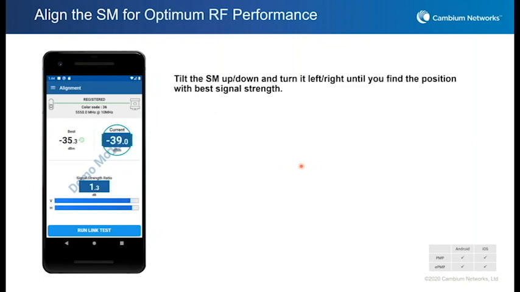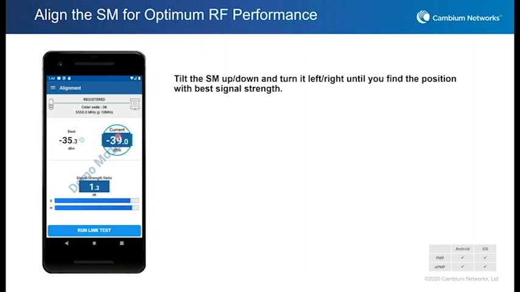So next step, once you connect to an AP, is to align the SM. This screen allows you to align the SM. As you are turning the SM, the screen shows you what you need to see. You can just look at the RSSI values, the best RSSI and the current RSSI. As you turn the SM left and right or up or down, it is always tracking the best RSSI that you have seen, and shows that on the left as the best RSSI, and on the right it shows you the current RSSI.